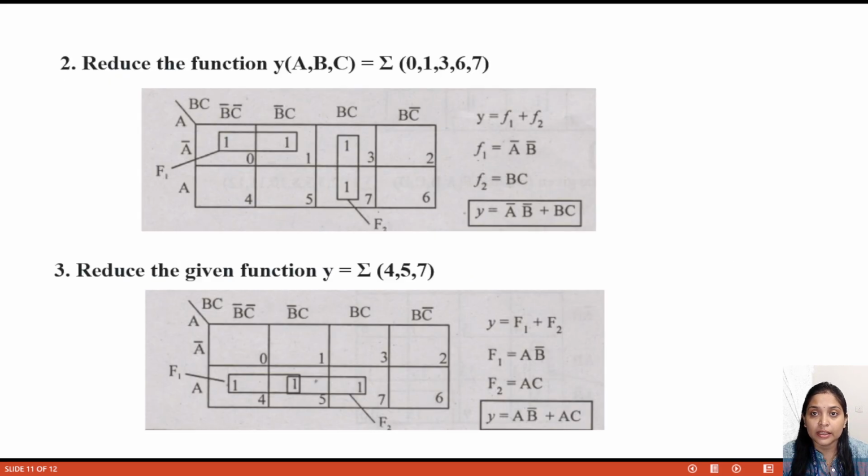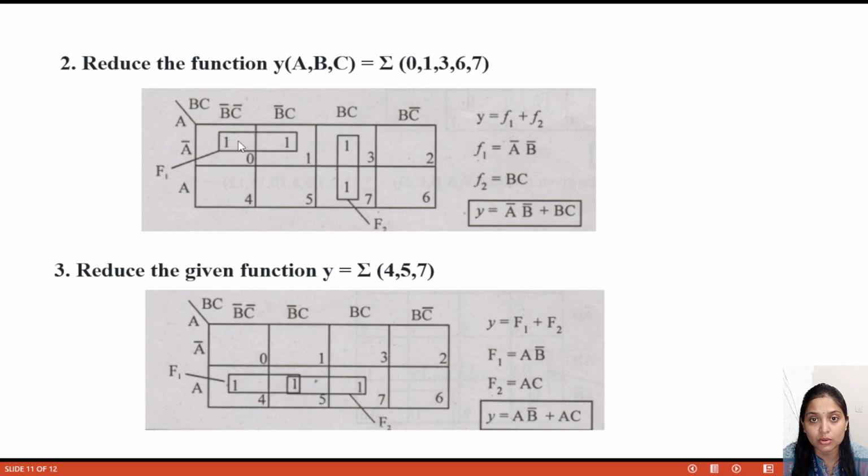Then again, two other examples are there. This is another example where the cells numbered 0, 1, 3, 6, 7 are the ones where we have to put 1.